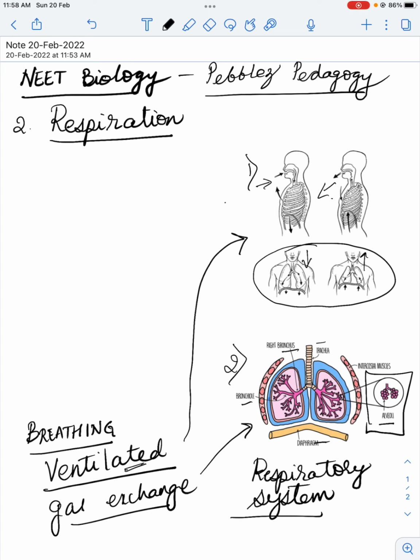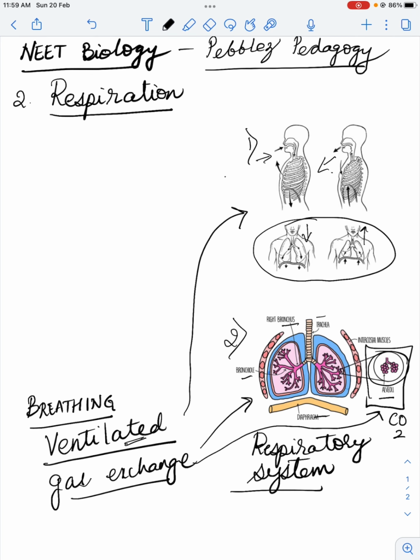Alveoli are the region where gaseous exchange occurs. What do you mean by gaseous exchange? Exchange of gases. Basically, alveoli are the region wherein carbon dioxide from the blood moves into the alveoli and oxygen from the alveoli enters the blood. So there is gas exchange happening. We have discussed what ventilation means and what gas exchange is. These two together constitute breathing.